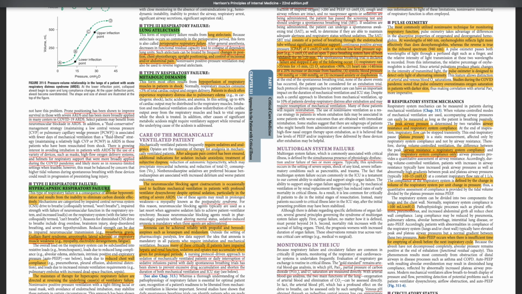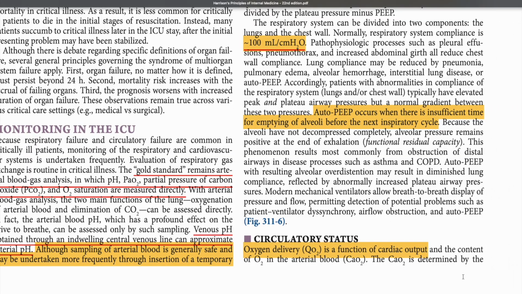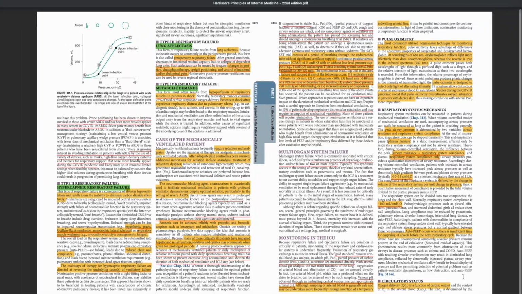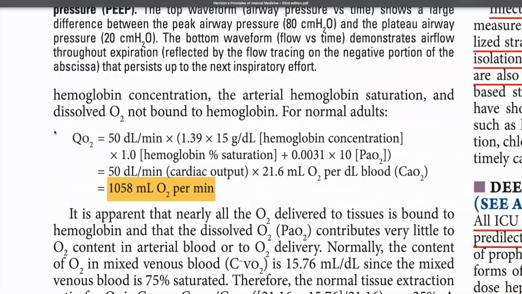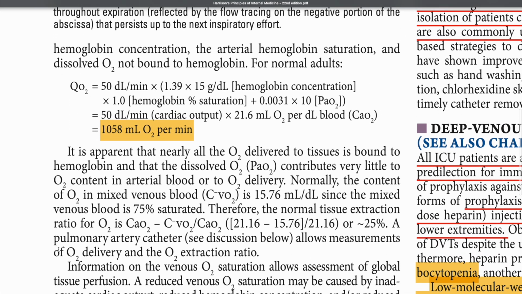Next we'll be seeing about the circulatory status. What exactly they are telling in that is, there's some complicated maths over here. They are telling that this much amount of O2 is delivered to the tissues, which is bound to hemoglobin. These things are actually calculated via the pulmonary artery catheter.